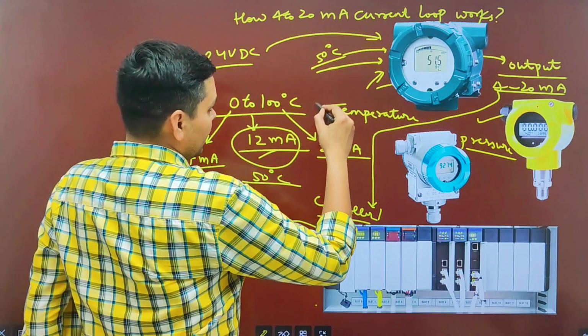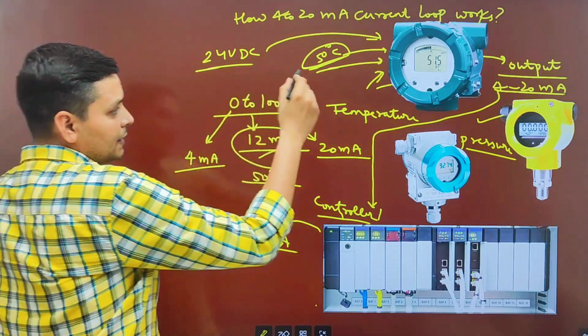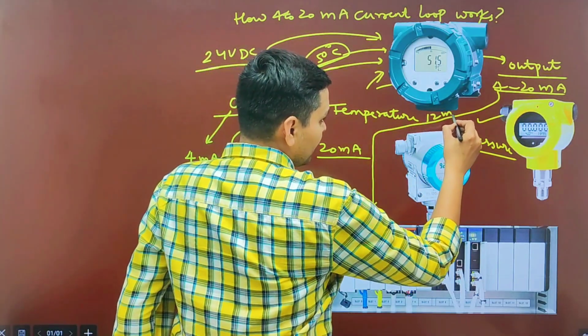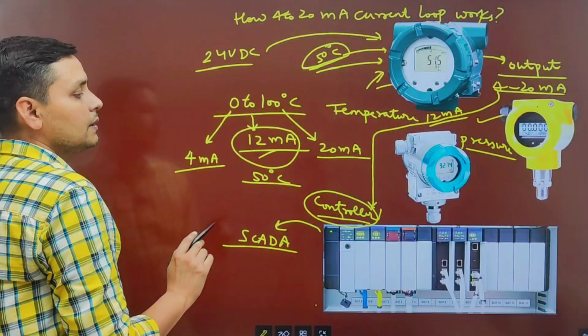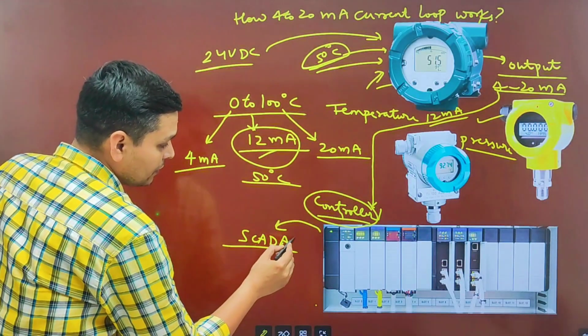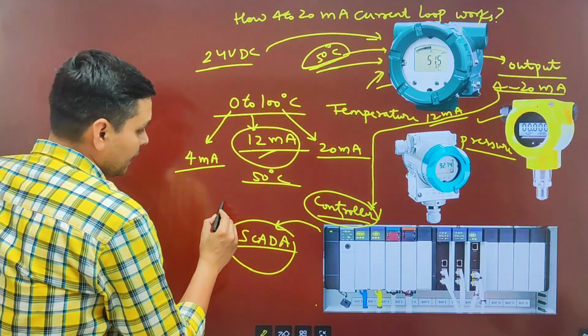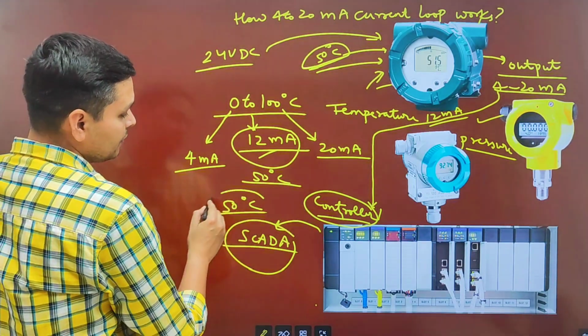So when it measures 50 degrees Celsius, its output will be 12 milliampere, and this output is provided to the controller. The controller will read this output and show it here, and you can see 50 degrees Celsius shown on SCADA.